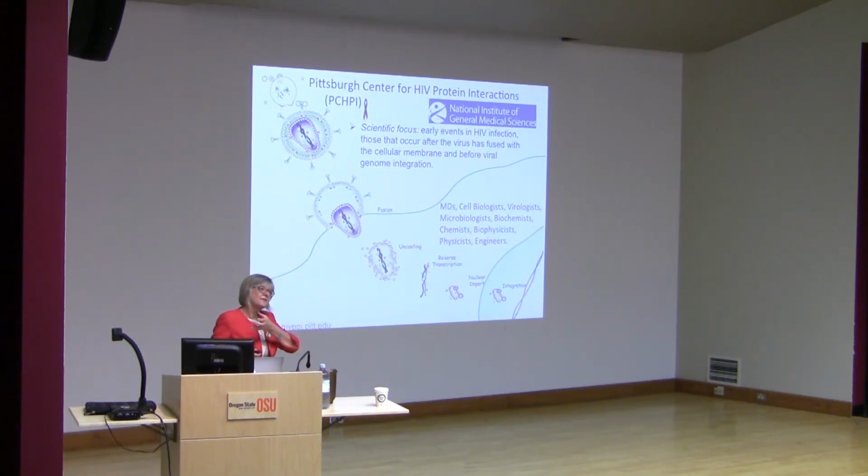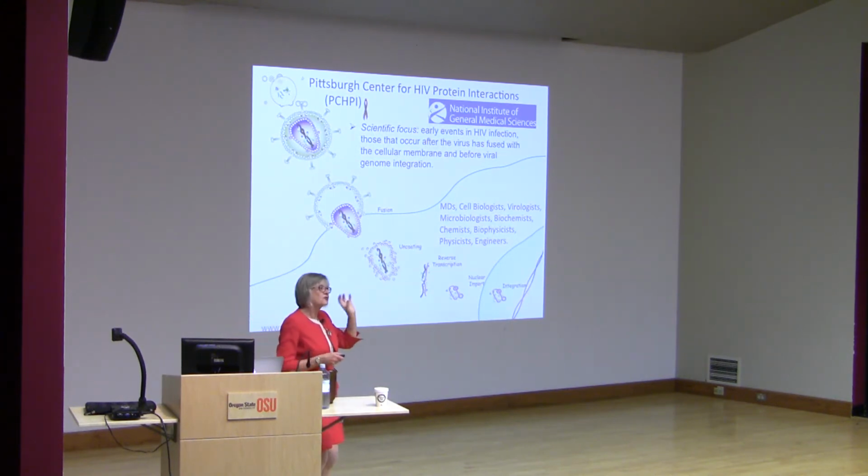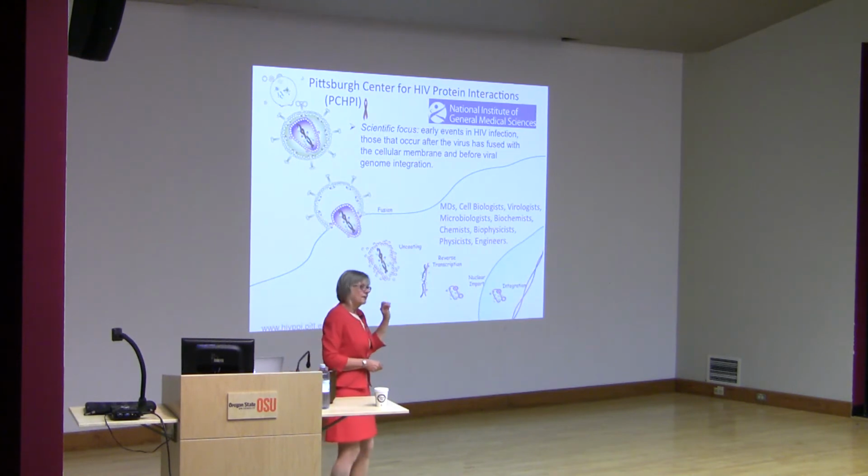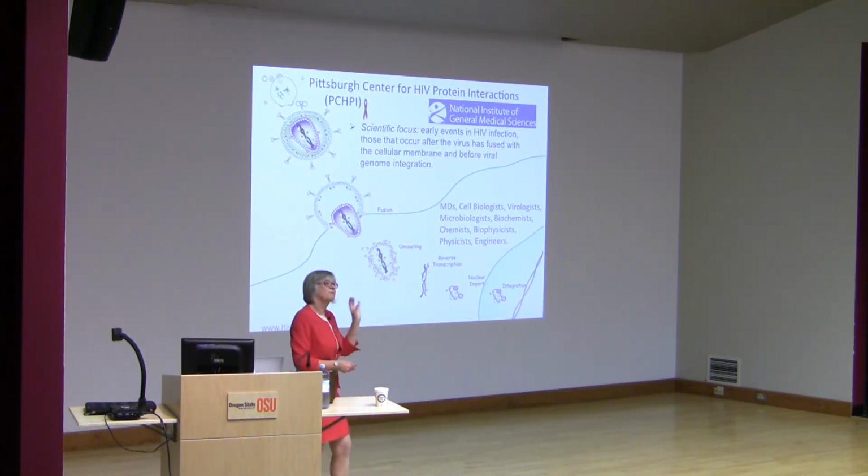Now, I'll give you one very brief vignette of how I try to implement my thoughts about working together in multidisciplinary teams in the next 2 or 3 slides. What we have in Pittsburgh is a center for HIV protein interactions.